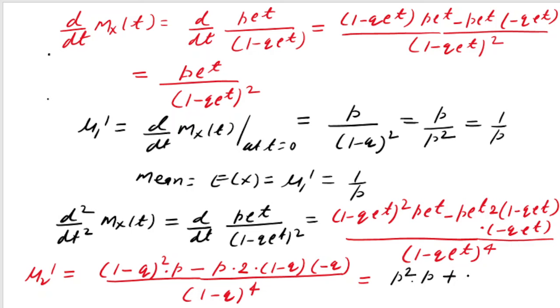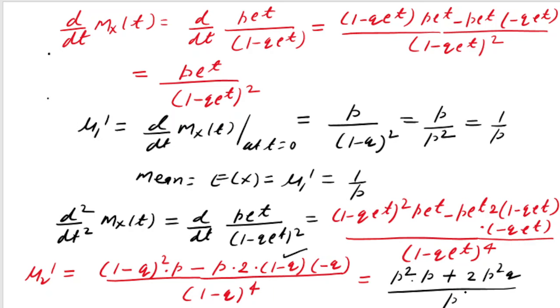Here we are getting 2 and q into p, so 2p cube q, and 1 minus q is also p, so 2p into p means 2p square q, divided by (1 minus q) to the power 4, so that is p to the power 4. Okay, now there is no space, I have to move forward, so let me write it.